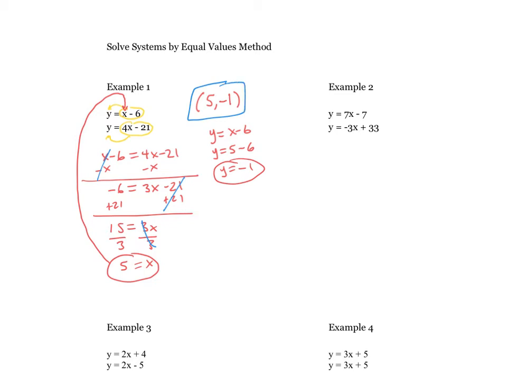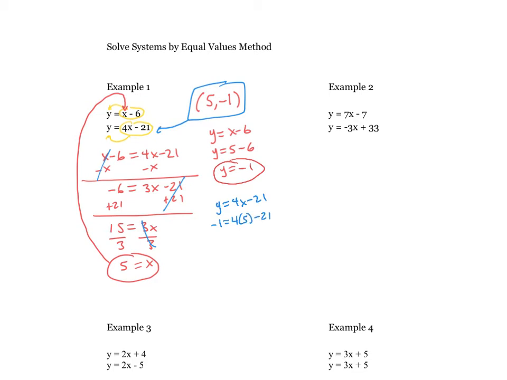And if you want, one thing you can do is take that point and plug it into the bottom equation. So negative 1 is the y, and then the x is a 5.